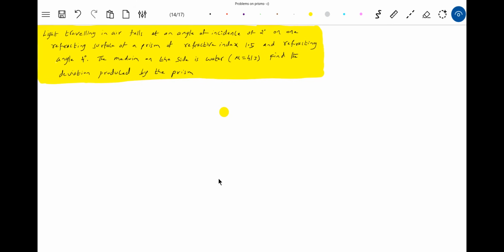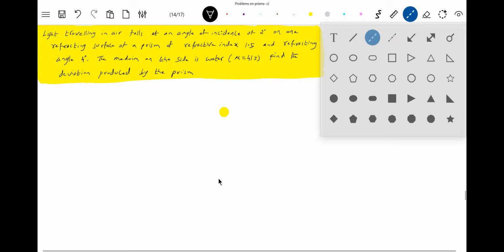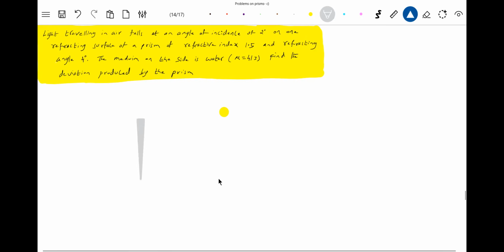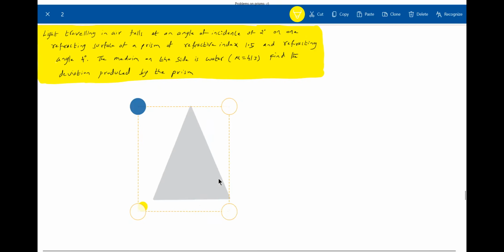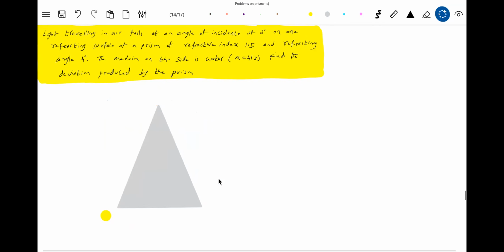Next one. Light traveling in air falls at an angle of incidence 2 degree on one of the refracting surfaces of a prism of refractive index and refracting angle 4 degree.